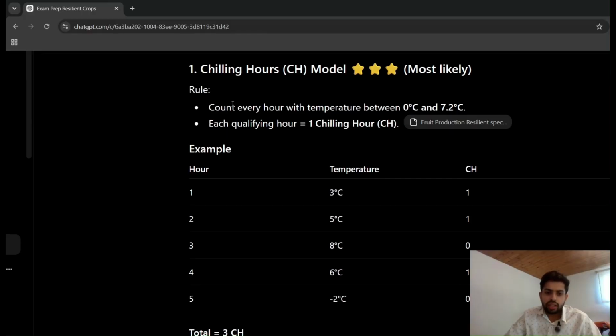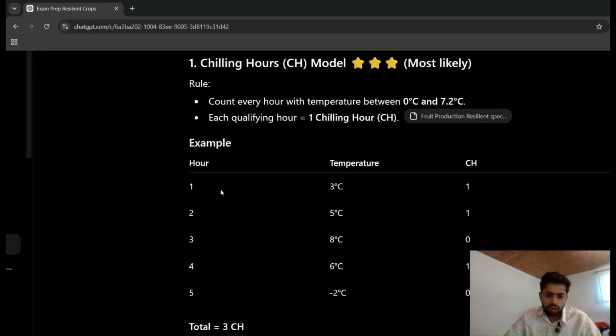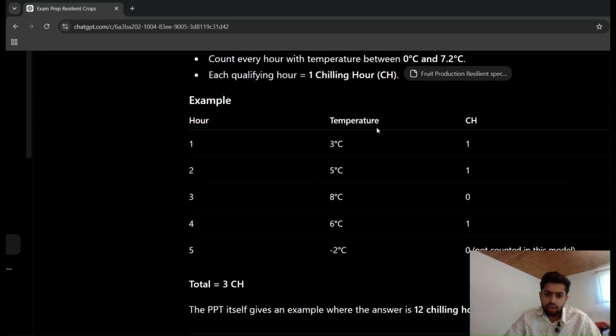You can see that one numerical is the chilling hours calculation. In the traditional method, the rule is to count every hour with a temperature between 0 and 7 degrees Celsius, and each qualifying hour is one chilling hour. For example, 3 degrees Celsius for 1 hour is one chilling hour.